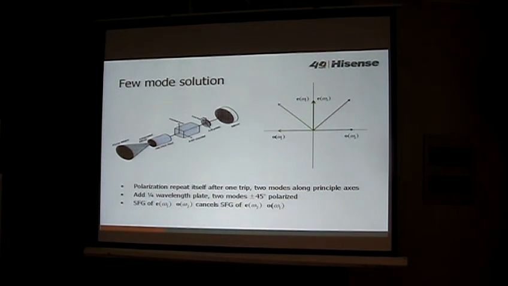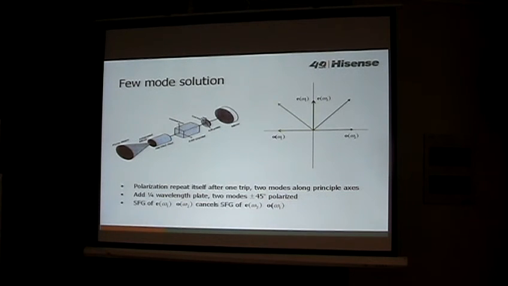One way of doing this multi-mode solution is to make use of polarization. When we discuss laser modes, especially the longitudinal mode, the laser condition for the longitudinal mode is that after one trip of travel, the light wave inside the cavity should repeat its phase.